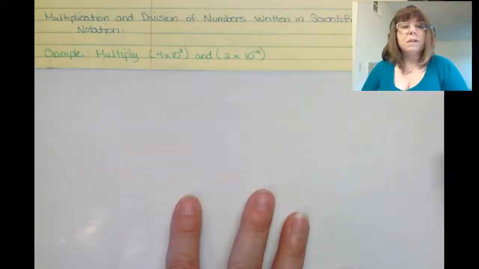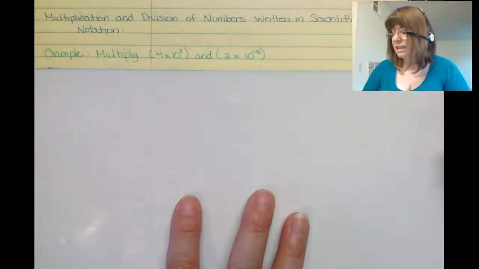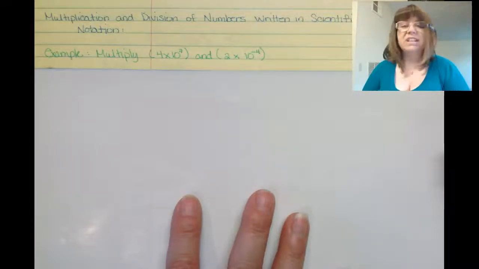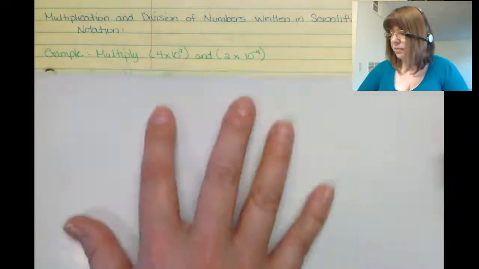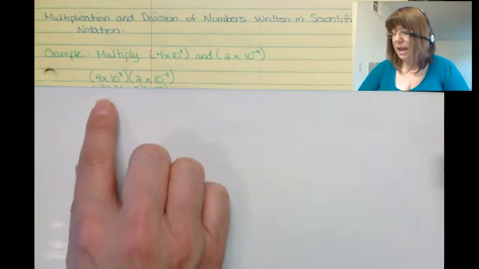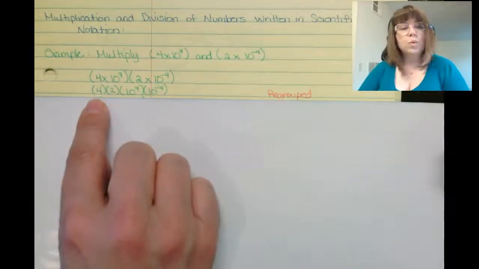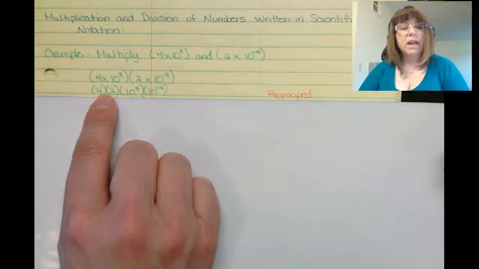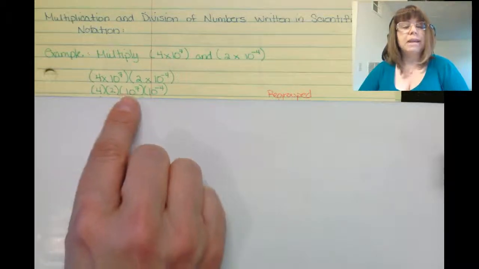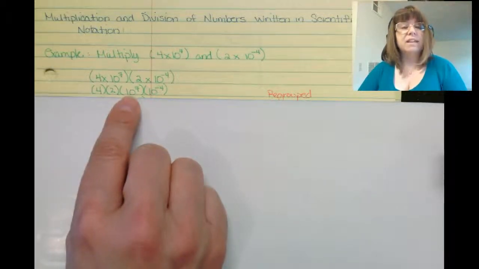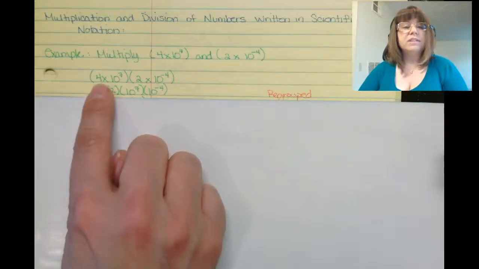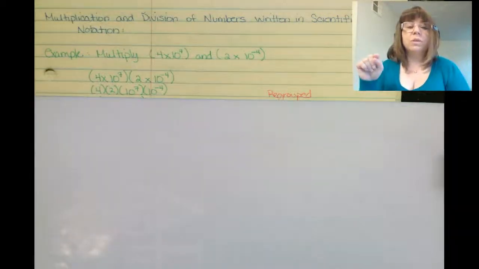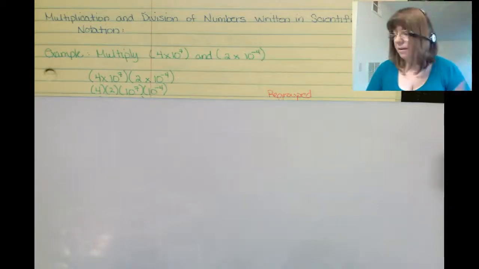Let's first multiply an example. So I have in scientific notation 4 times 10 to the 7th and 2 times 10 to the negative 4. Well, written out, I can group my 4 and 2, and I'm going to group my powers of 10. Now you notice I've dropped this old-fashioned multiplication symbol just to save on space. If you need it there, go ahead and keep it there.